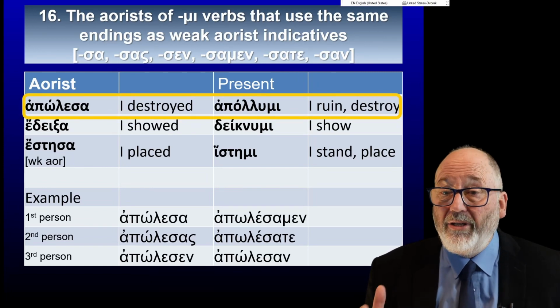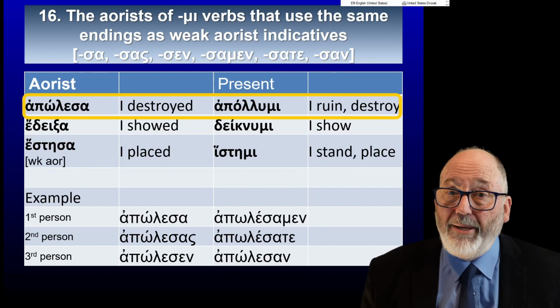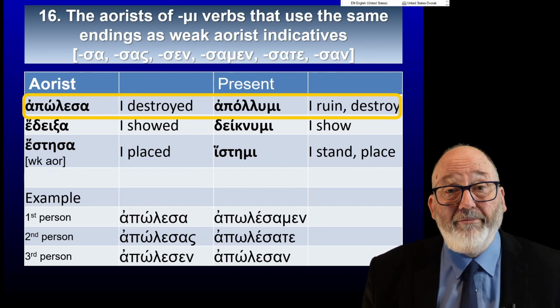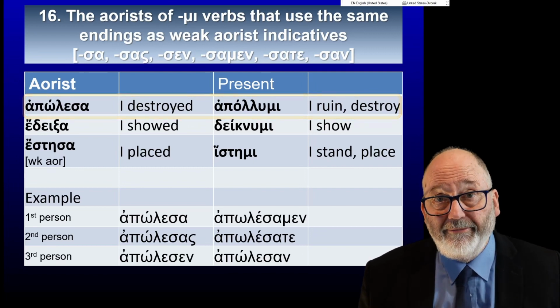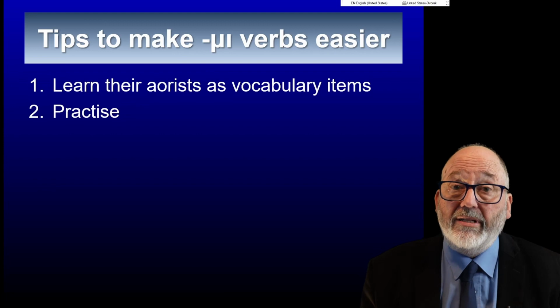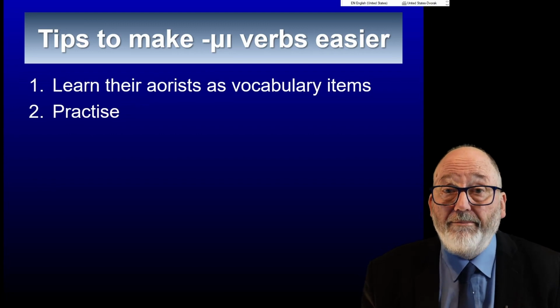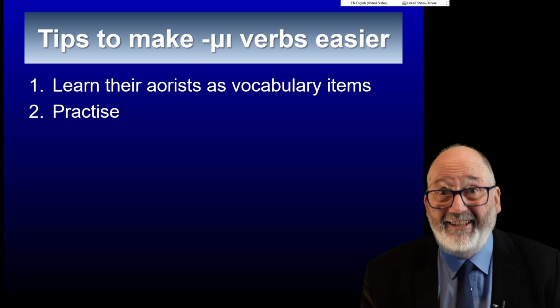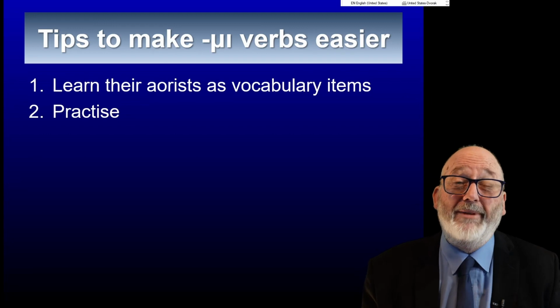The only way that you would know that the aorist of apollumi is apolesa is by memorizing it. But once you've memorized it, you will know how the rest of the endings go. Learning the aorist indicative actives of mi verbs is the first step in making them easier. In fact, it's the last step, it's the middle step, it's the big step in making them easier.